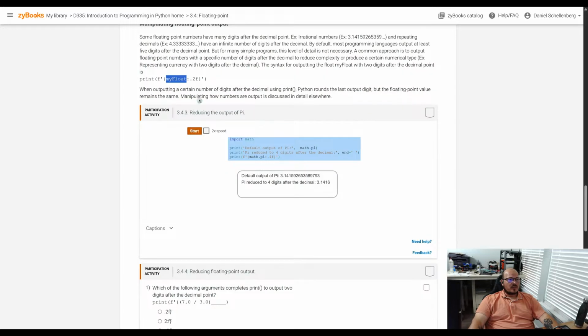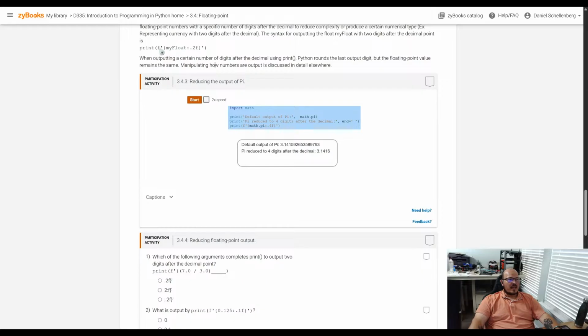When printing out a certain number of digits after the decimal using print, Python rounds the last output digit, but the floating point value remains the same. Manipulating how numbers are output is discussed in detail elsewhere. But yeah, and this is an F string, by the way.